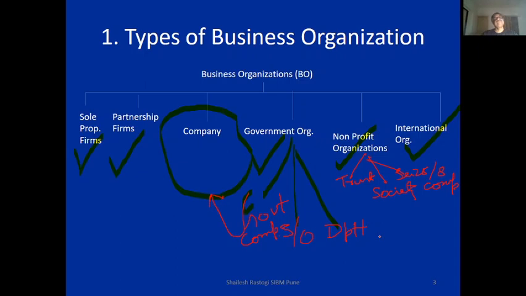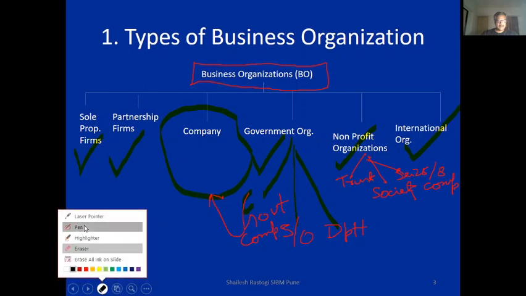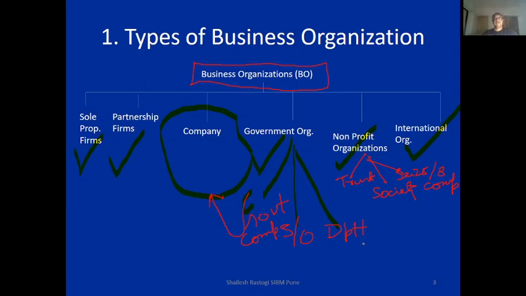So what we are finding is business organizations which we talk about in MBA programs are of six types. But out of six types, this is the company for which we quite often talk about. So company is the point of attraction for us, and we'll talk about it.